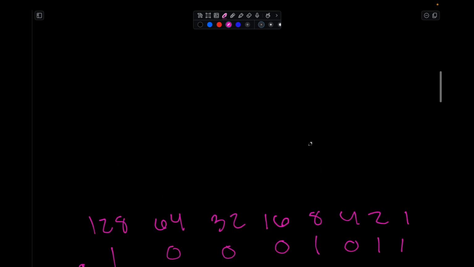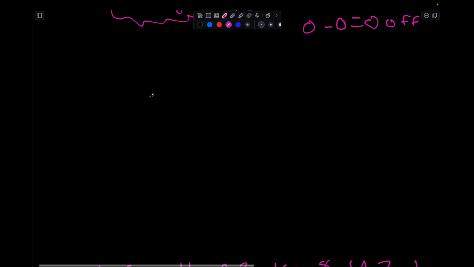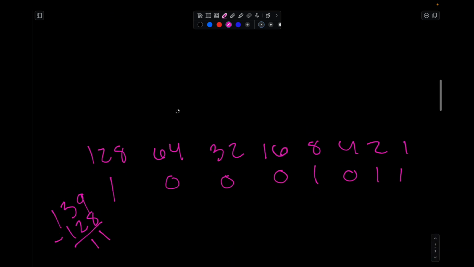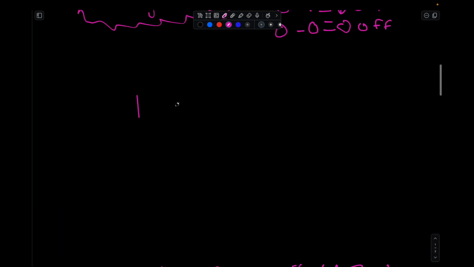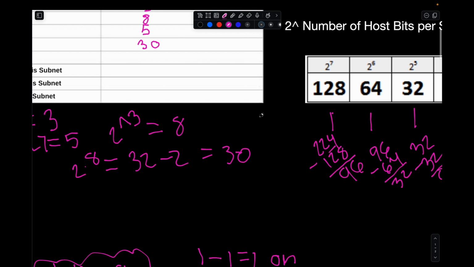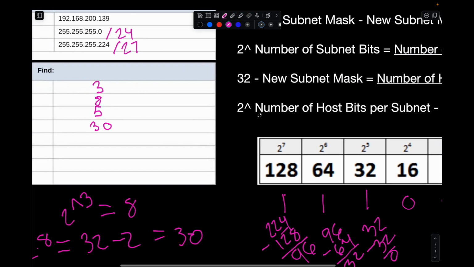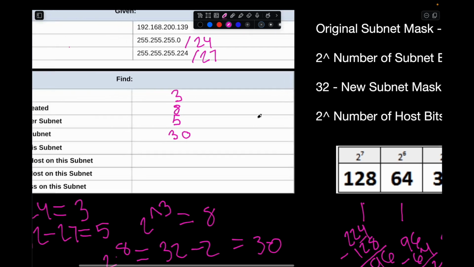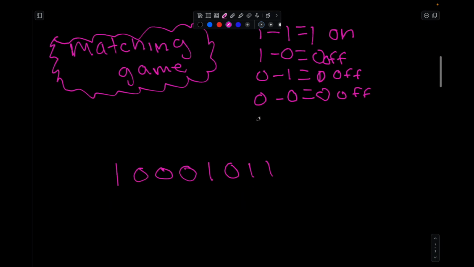So we go back up. We have 1, 3 zeros, then 1, 0, 1, 1, right? Yeah. And now we get our new subnet mask, which is 1, 1, 1, and 0, 0, 0, 0, 0.